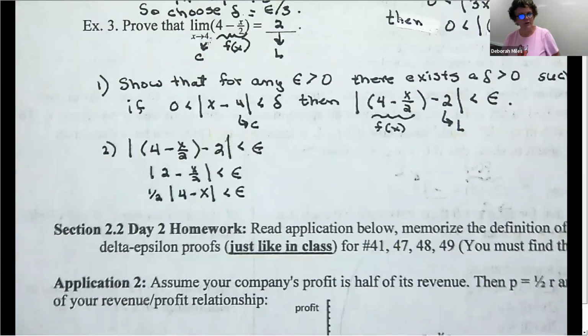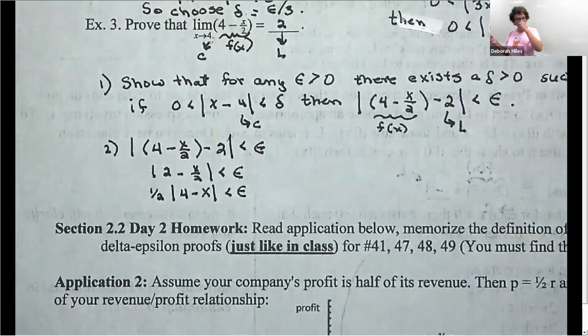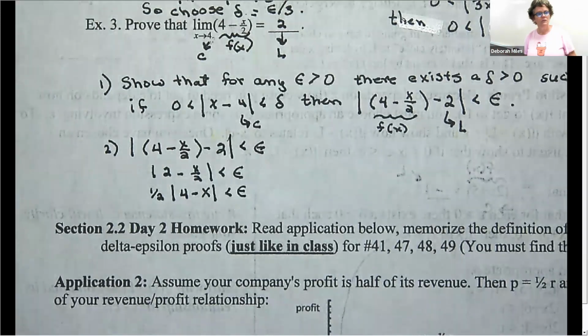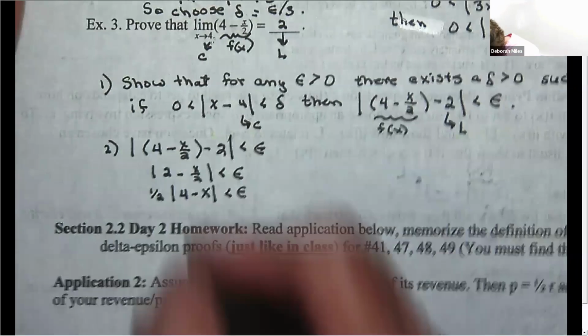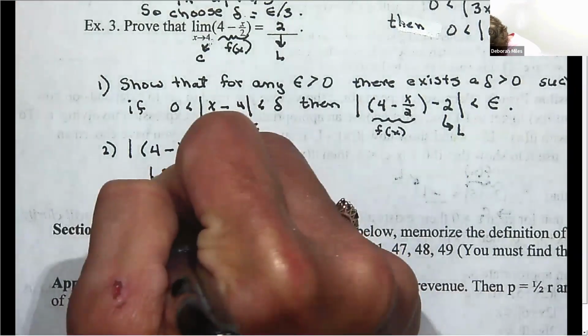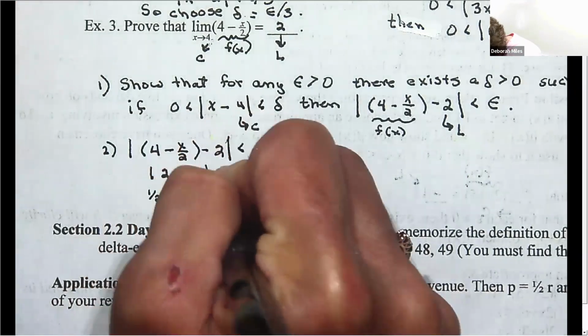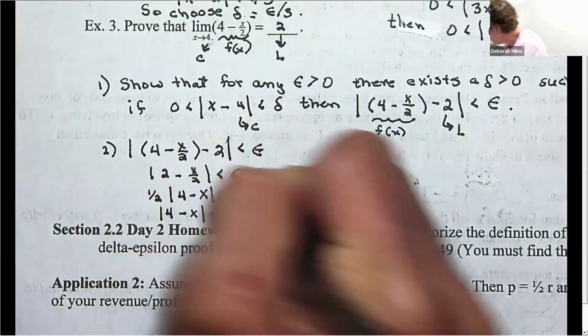You're not sure? All you have to do is distribute that 1/2. And sure enough, it gets 2 minus x over 2. And then what? Dividing by 1/2 is the same as multiplying by 2. So multiply both sides by 2, and you'd have absolute value of 4 minus x is less than twice epsilon.